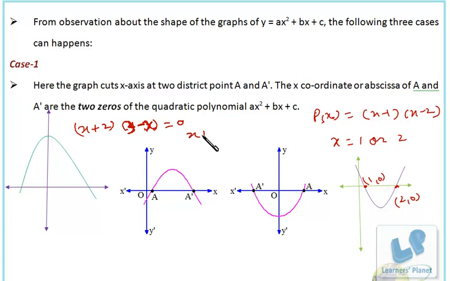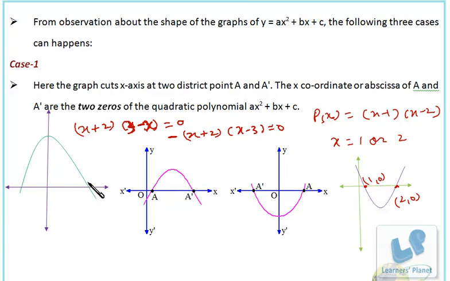I just rewrite it, (x plus 2)(x minus 3), and I have to put a minus sign over here, right? Now in this case, the coefficient of x square will be negative. That means a will be negative. Now if a is negative, we'll be getting a reverse parabola, right? In the earlier case, we were having a U shape. In this case, we'll be getting a reverse U shape, right?